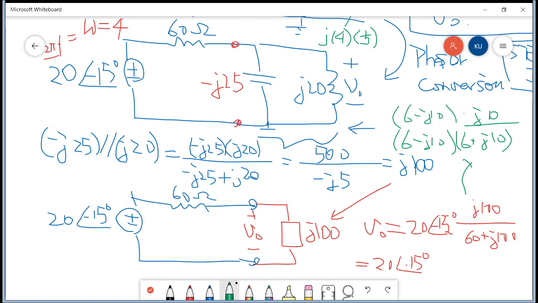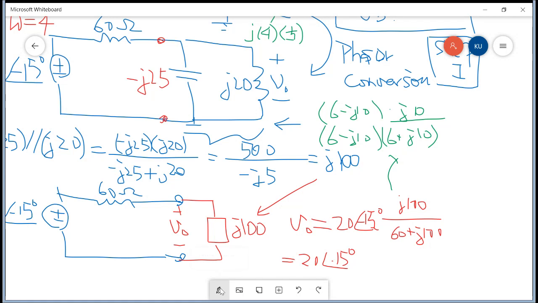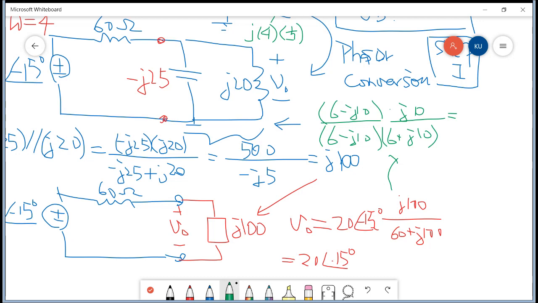Then the denominator will be 60 squared plus 100 squared, and on top it will be 100 times 100 minus j60 times 100, that is, 10,000 plus j6000.